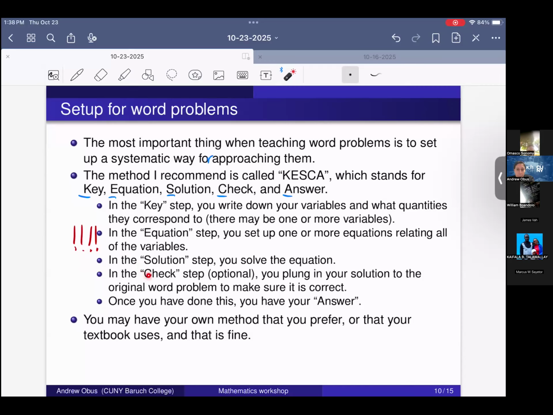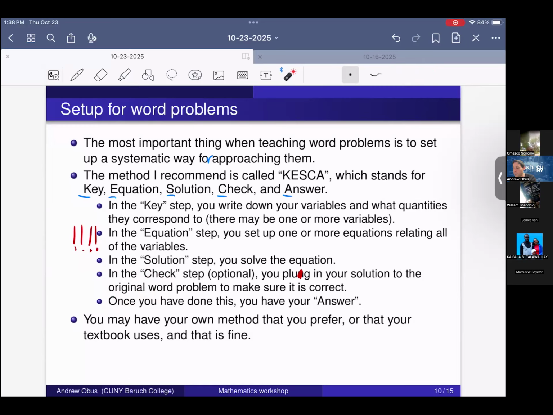And then in the check step, which is optional, but we'll do it today, you plug in your solution to the original word problem to make sure that it's correct. Okay, so it's good to check your answer. And then finally, once you've checked it and it works out, you have your answer. The answer is not really a step.